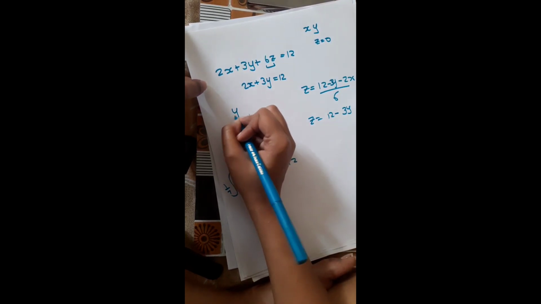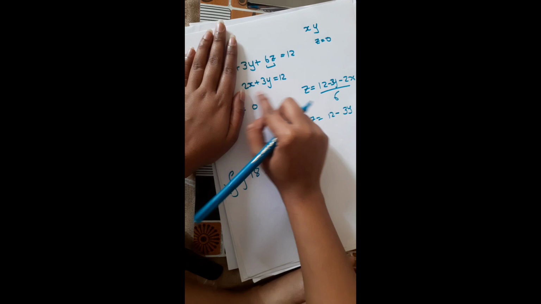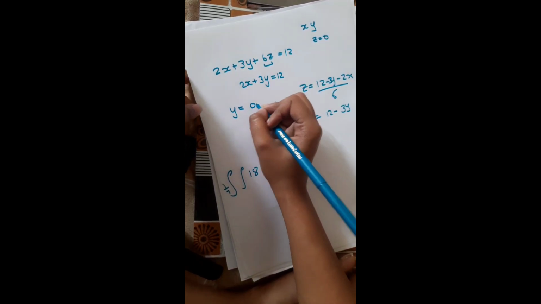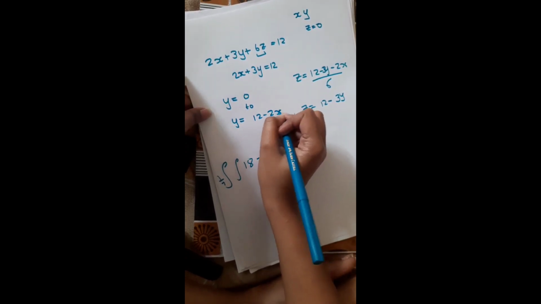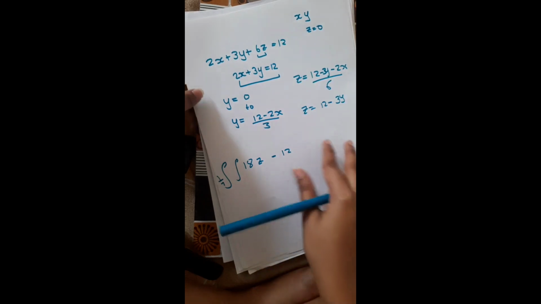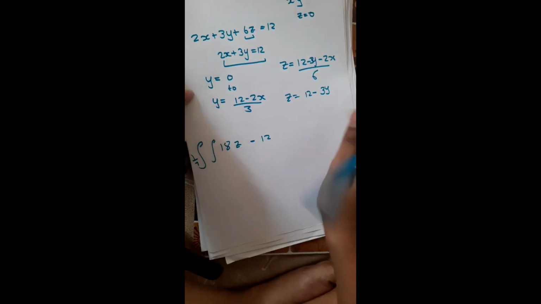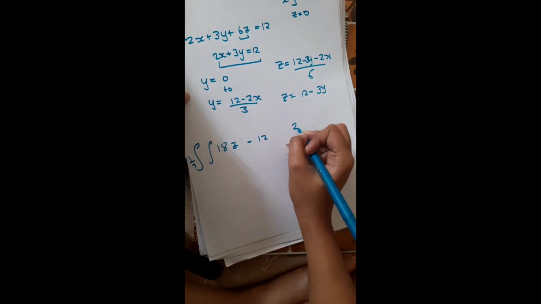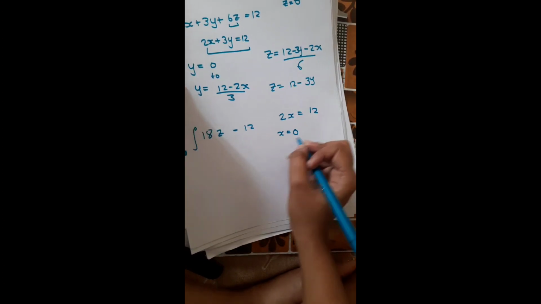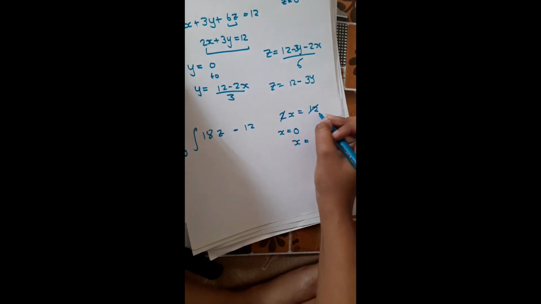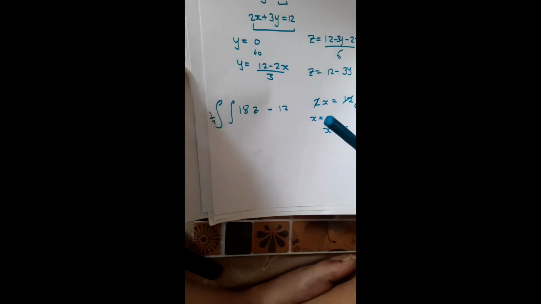My y limits would be from 0, like you can imagine a surface going from 0 to this curve, so y equals 0 to y equals 12 minus 2x by 3. I derived it from this. Now, keeping y equals 0, we get 2x equals 12. So my limits for x would be x equals 0 to x equals 6. I've got the limits for both integrals.